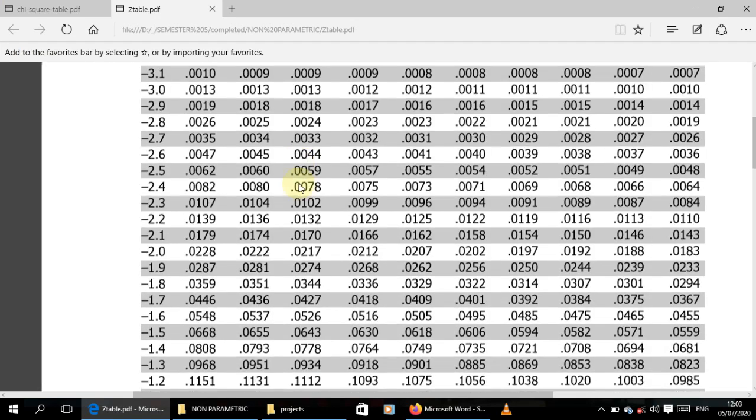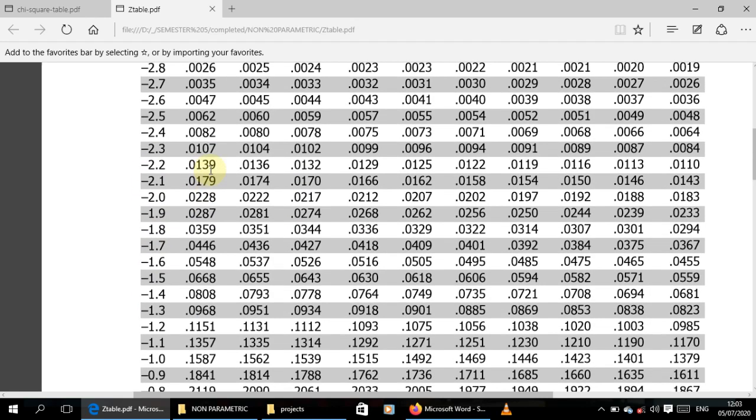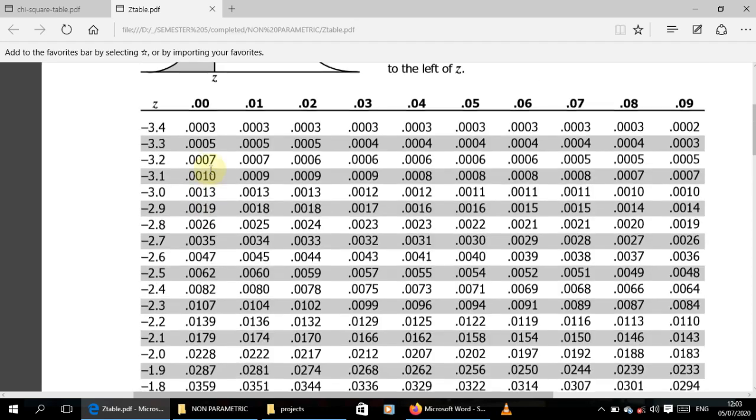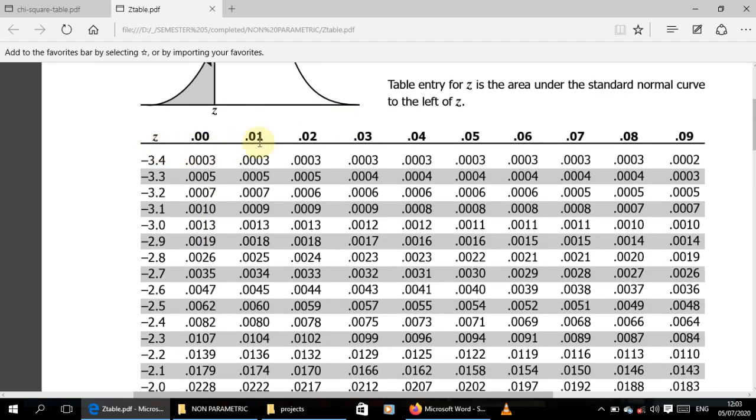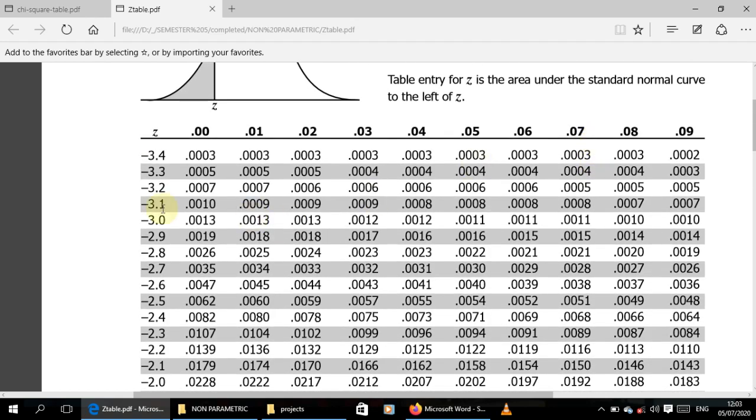If the value was negative, maybe you had something like negative 1.0, see the top there is numbers, so 1.01, 1.02, 1.03, right? So if, let's assume, you had negative 3.1, let's say 3, that means you go this way and pick this probability.